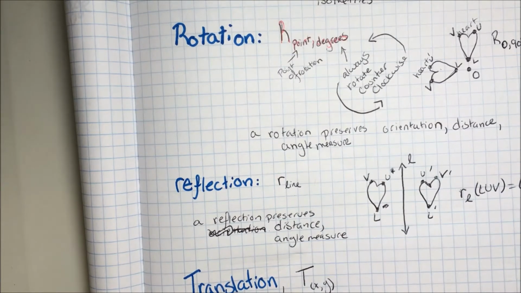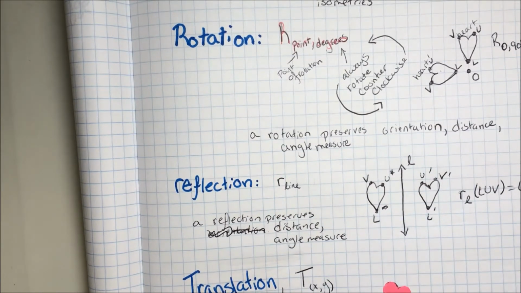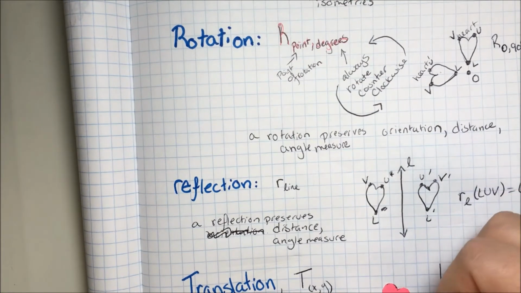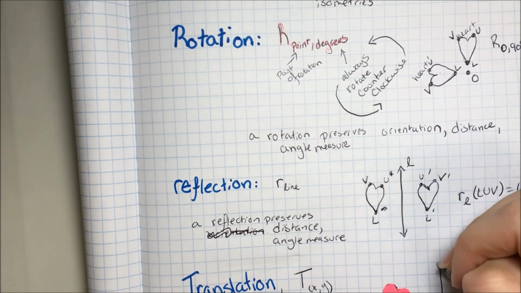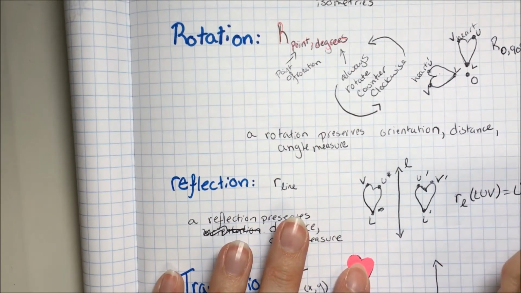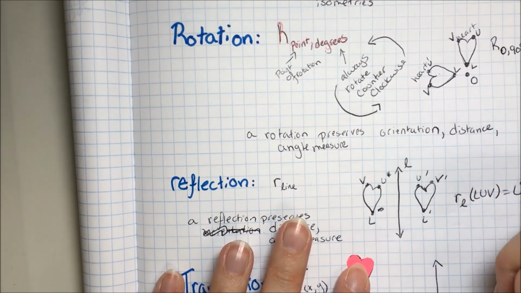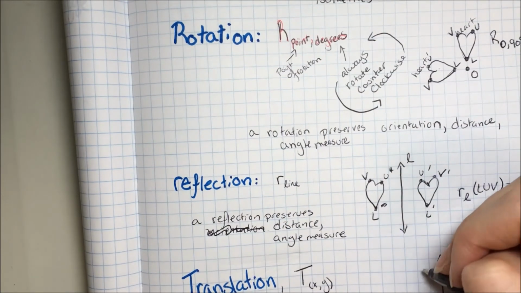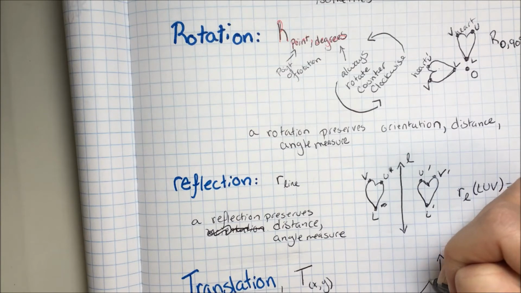And the x, comma, y tells me how I move in a certain direction. So if I were to put this on a coordinate grid, and I were to take my little heart, come on, little heart.